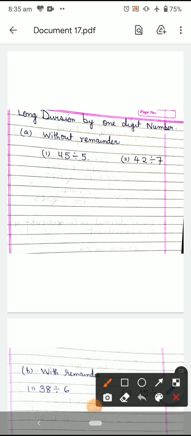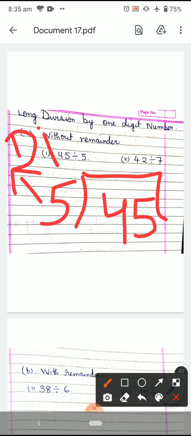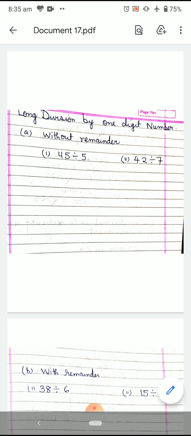This number, when we draw this, suppose we write 45 in this and 5 here. So, this is called the divisor.